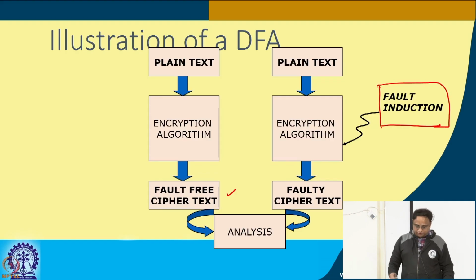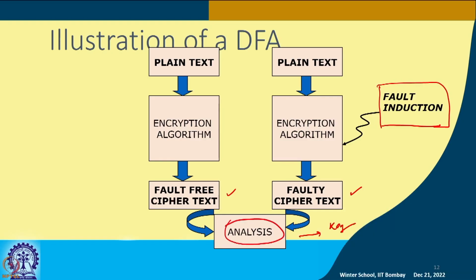And then you take the fault-free cipher and the faulty cipher, and then you want to do an analysis which will give you the key. Okay. That is the objective of this term, which is called DFA. So DFA in this case means differential fault attacks. Fault attacks or fault analysis, basically.